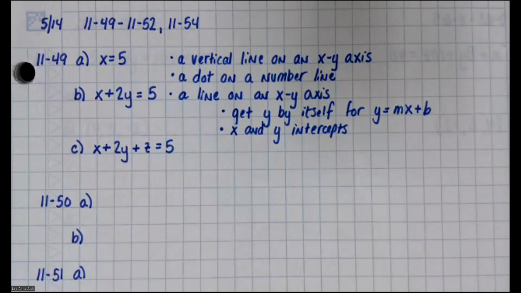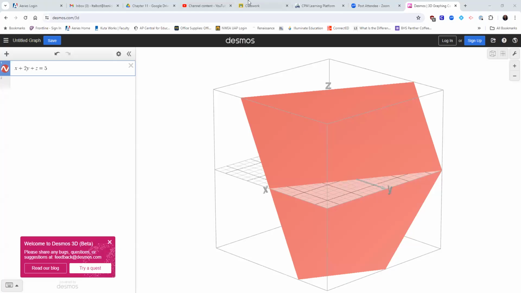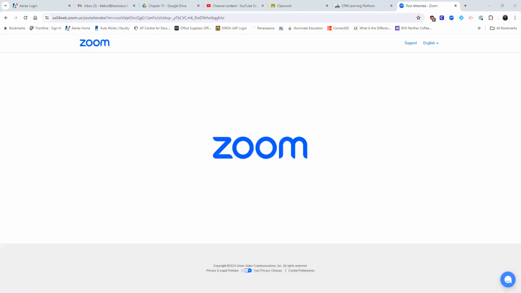Okay. Here's the shape of it. So Desmos, if you go to desmos.com/3D, it has a super cool 3D graphing tool. I typed x plus 2y plus z equals 5. And the cool thing, there's so many cool things about this, but you can actually pull it and rotate. This is called a plane.